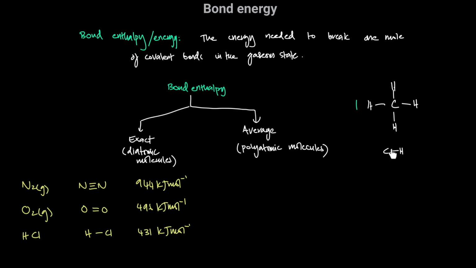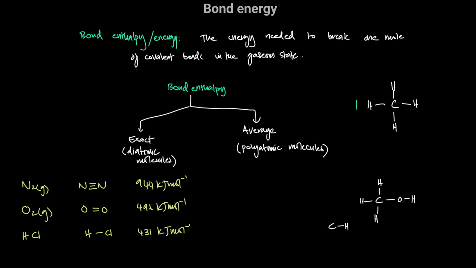So the C-H bond has a certain bond energy in a molecule of methane. Then let's say I have something like ethanol. In ethanol I have an OH group, so the bond energy of the C-H bond may vary slightly from that of methane. The average energy of the C-H bond in something like methanol may be different from the average value in methane.